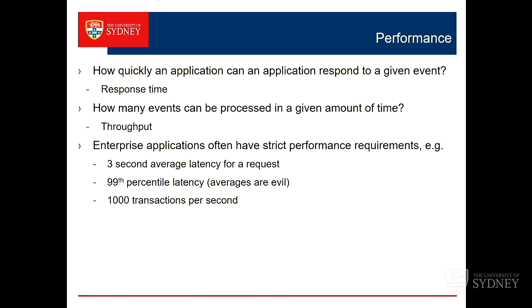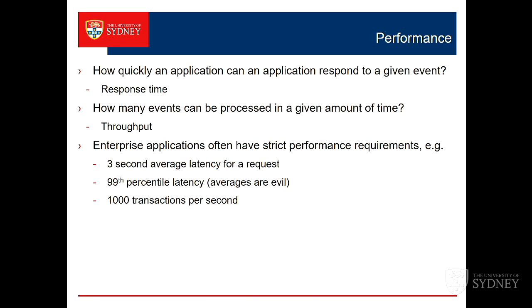So average latency is really evil, so people are now starting to publish more and more information about the distribution of those latencies and put constraints on it, saying we have to guarantee that the 99th percentile is less than something, so that 99% of all the latencies we observe will be within this constraint.